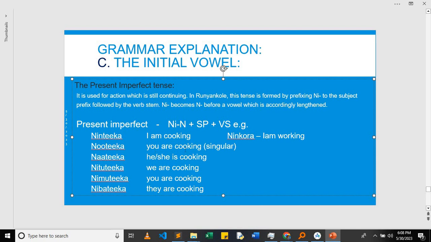Noteka, you are cooking. How do we say you are working?